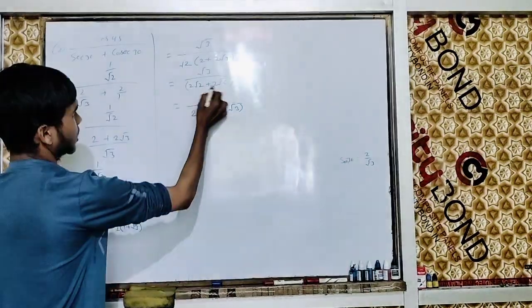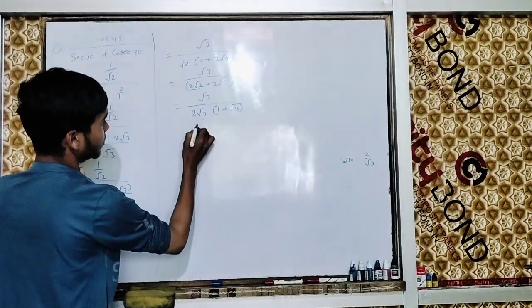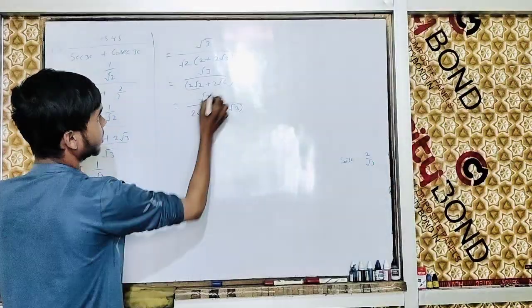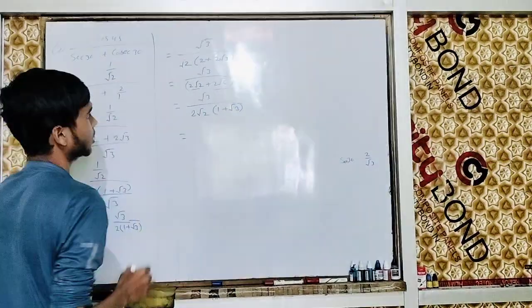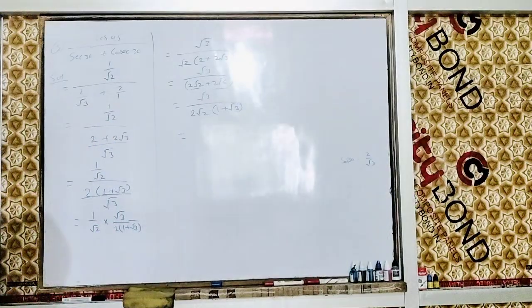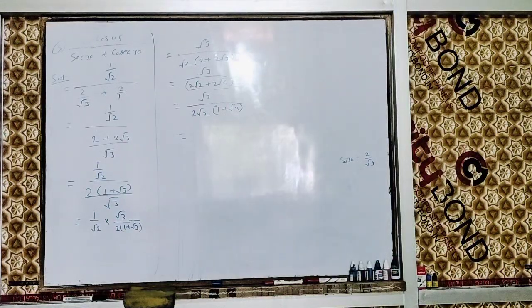When we multiply this with this, then this will come. Then next, when we multiply this with this, then this will come. Now, ahead of this, we can simplify it further by using rationalization.